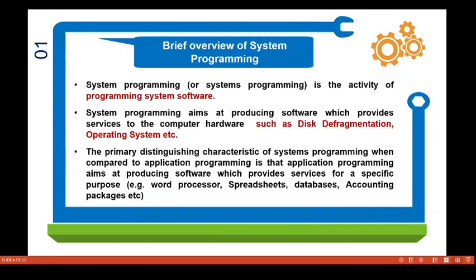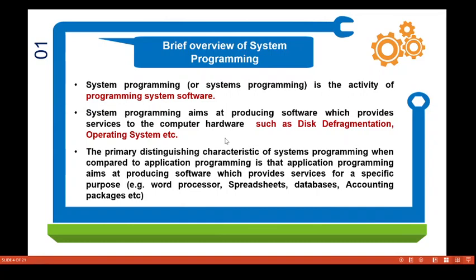And also there are two constituents, or some scholars call them categories, of a computer system. We have hardware and software. Hardware is any physical component of a computer system that you can see and touch. This is hardware.